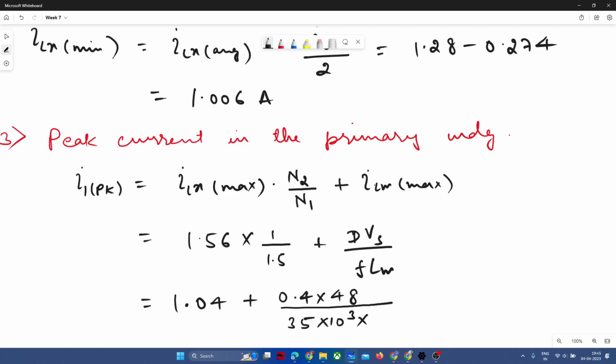It should be DVs upon FLM because it is peaking during the half cycle only. What I have written, Vs by LM, is the slope magnitude, during the on time dt. This is the simplified version. And Lm is 5 millihenry, so 5 into 10 raised to the power minus 3.